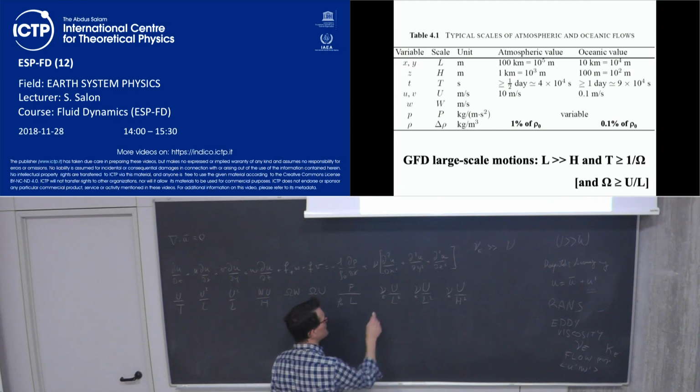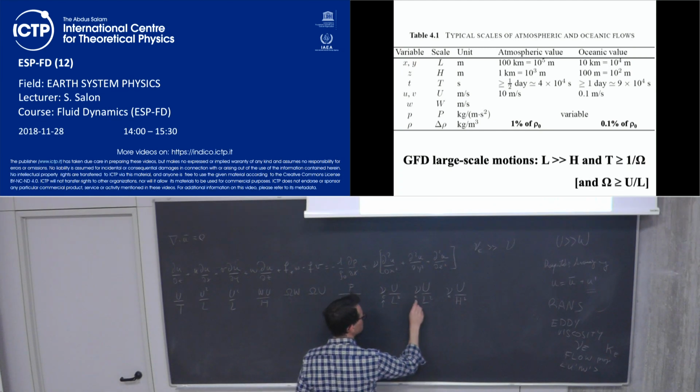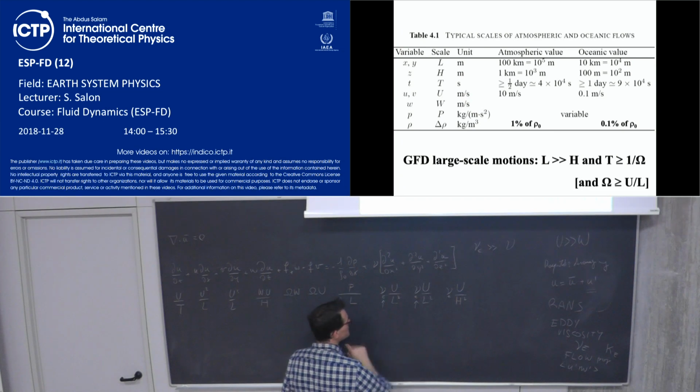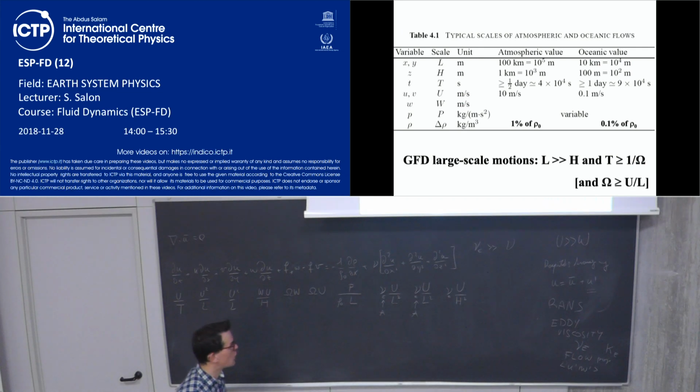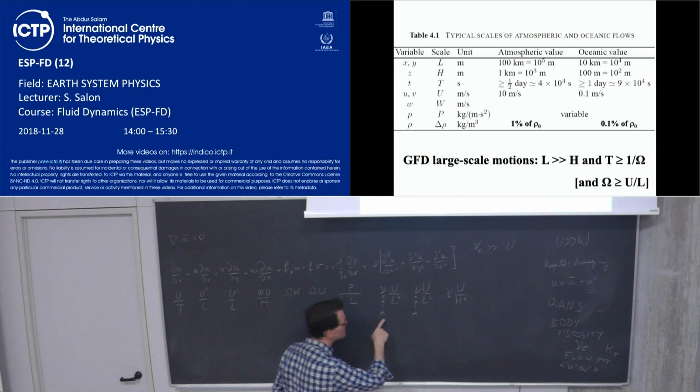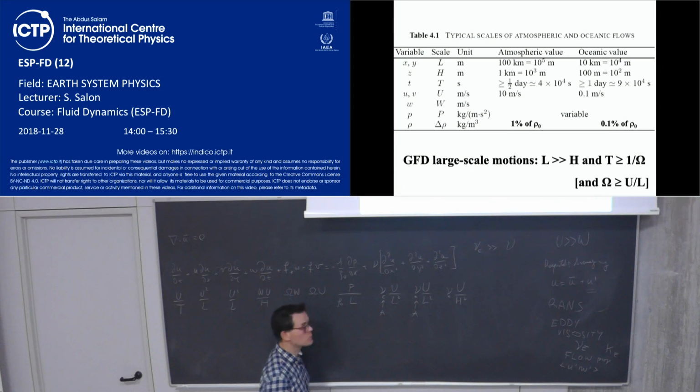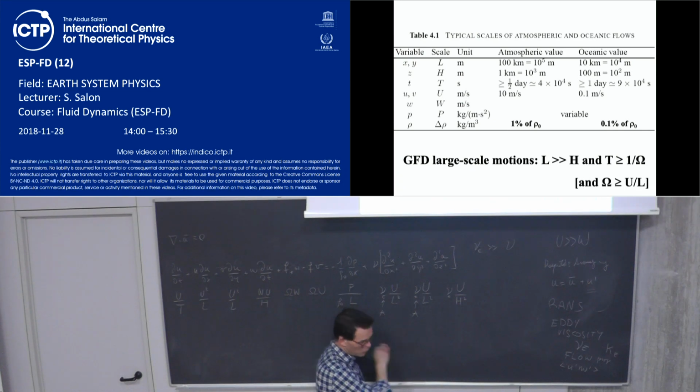One more thing is to substitute in the horizontal expression another constant, which is the horizontal eddy viscosity, in order to differentiate the horizontal diffusion from the vertical diffusion.